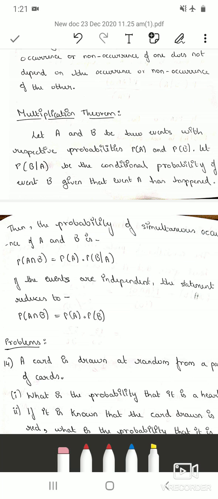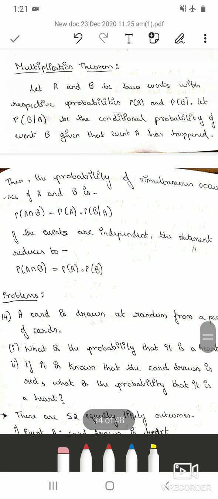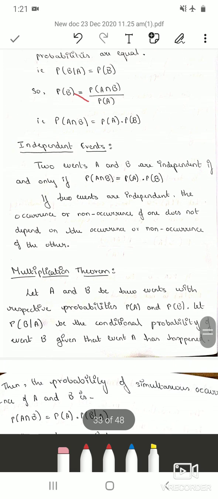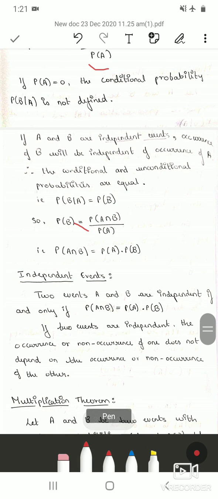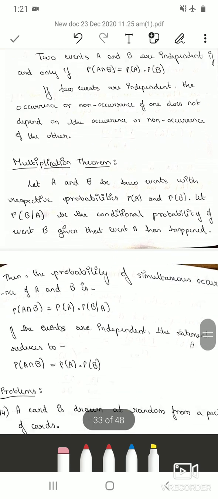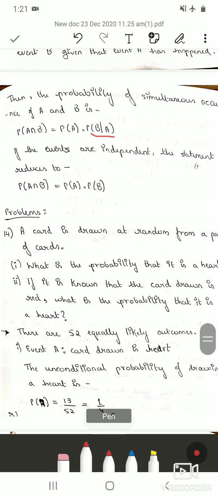So if the events are independent, the statement reduces to probability of A intersection B would be probability of A into probability of B, because we had seen when the events are independent, then probability of B given A would be probability of B. Therefore, probability of B given A is substituted as probability of B. Therefore, the multiplication theorem reduces to probability of A intersection B as probability of A into probability of B.